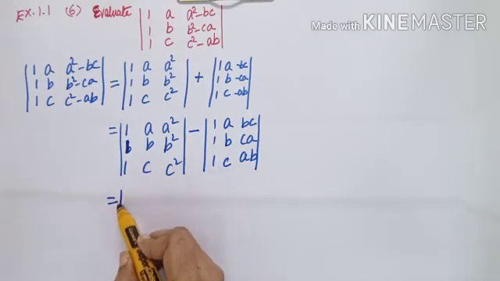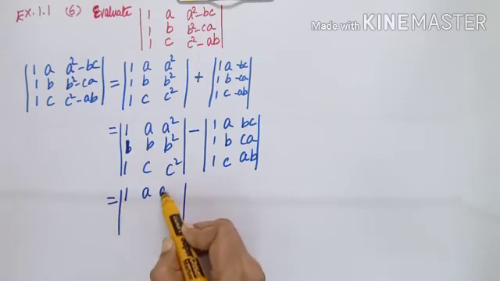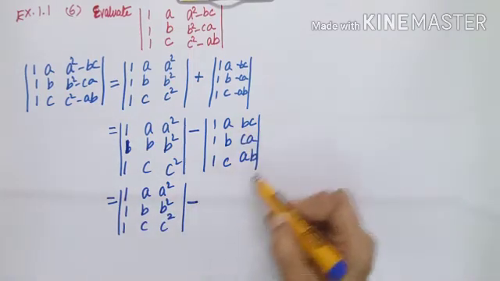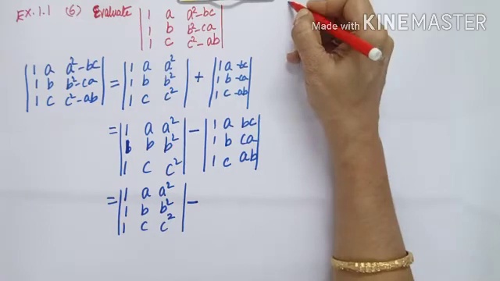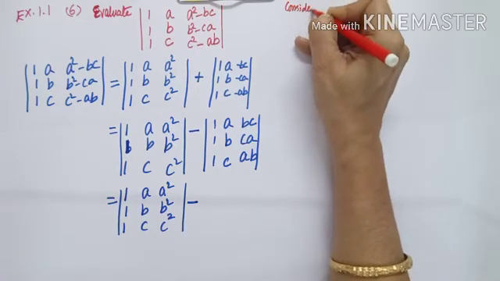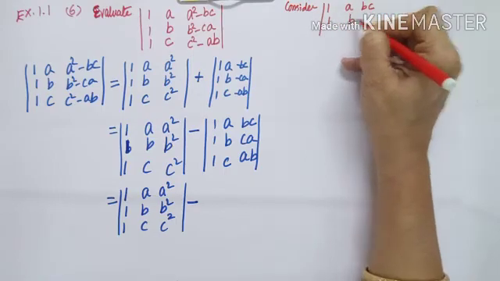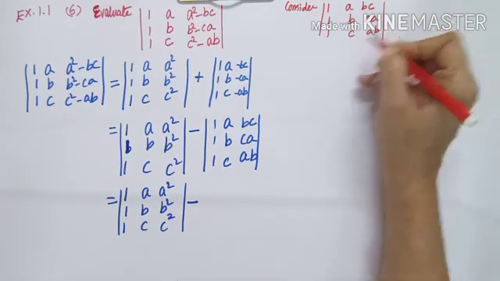So first determinant, let us write as it is, 1 a square, 1 b square, 1 c square. Minus symbol also as it is. Take the second determinant alone separately. Simplify the answer. Consider. What is the second determinant? 1 a BC, 1 b CA, 1 c AB.